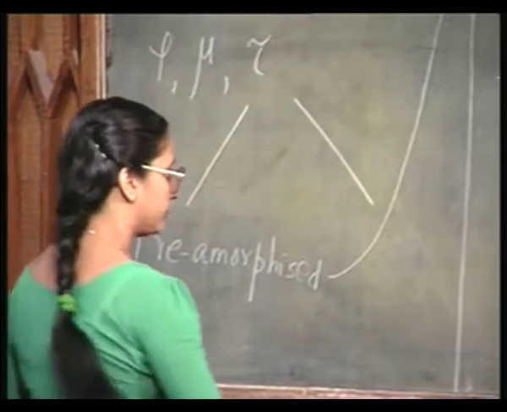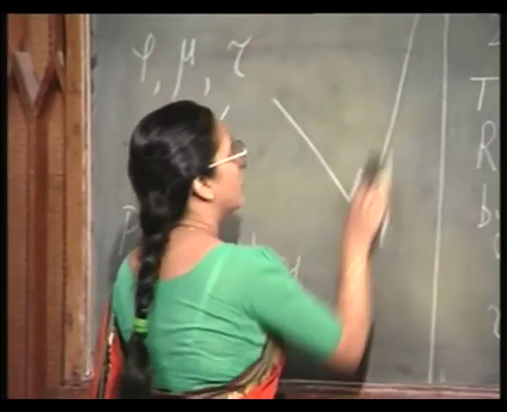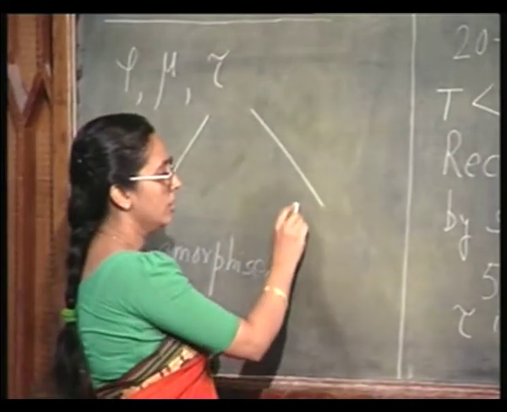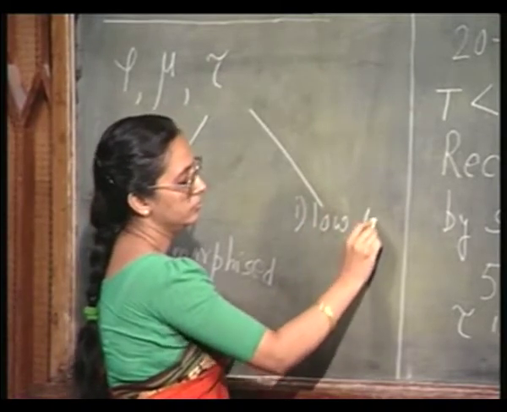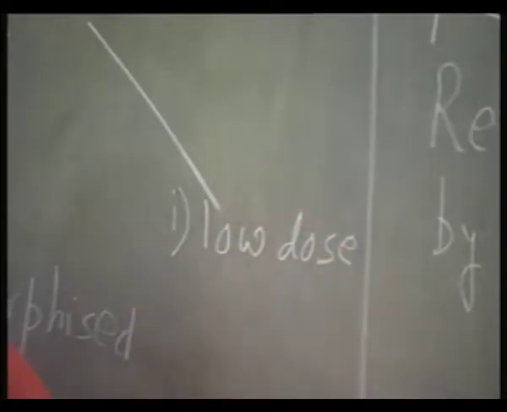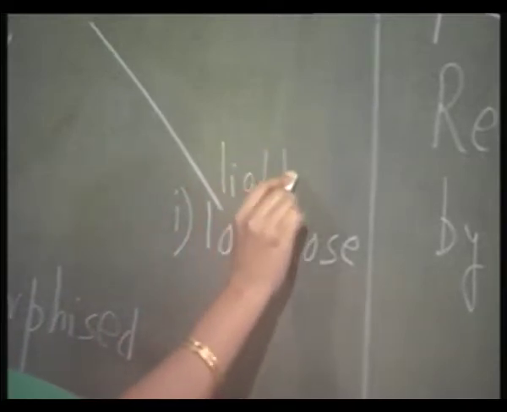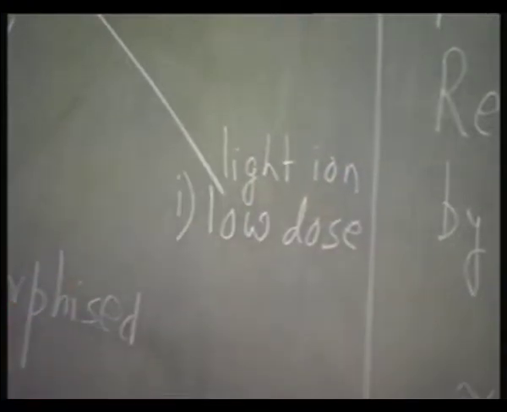So, if I now look at this other branch, low dose light ion, what do these things signify?